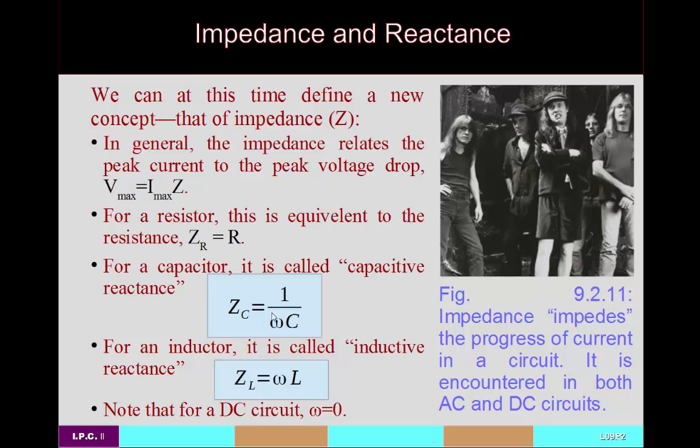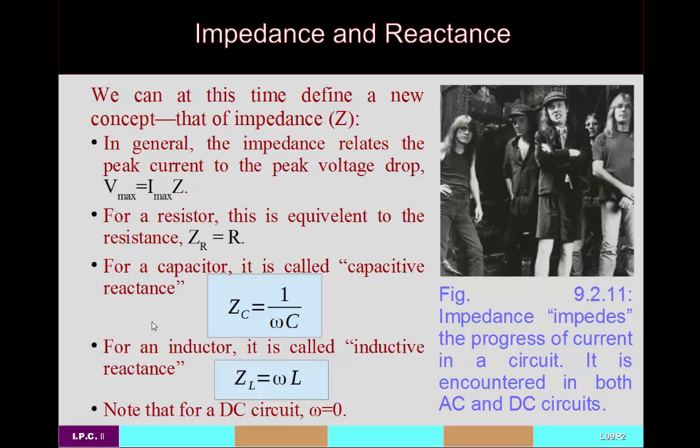They are 1 over omega C for the capacitor, that's 1 divided by the angular frequency times the capacitance. And for an inductor, you get Z_L, the inductive reactance, which is the angular frequency times the inductance.